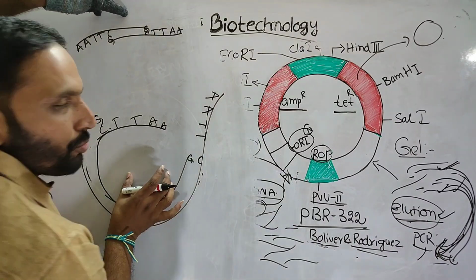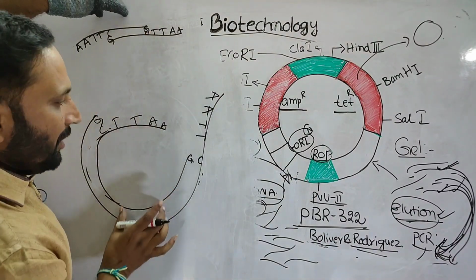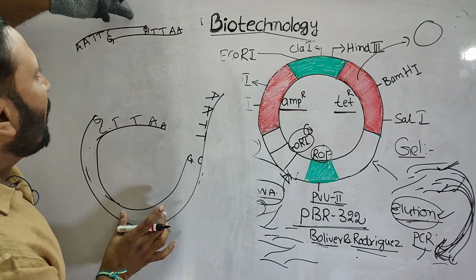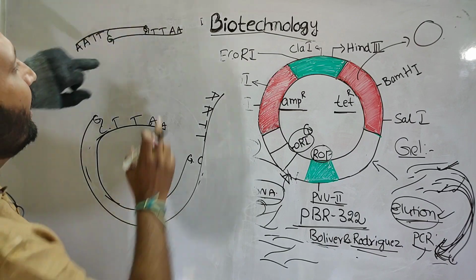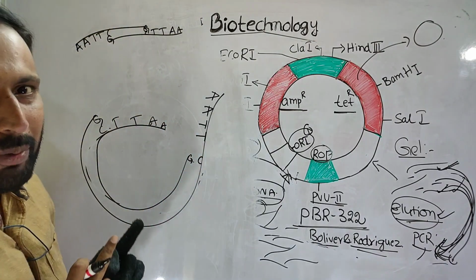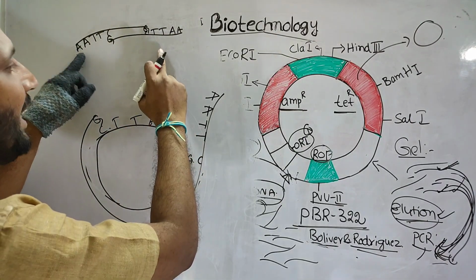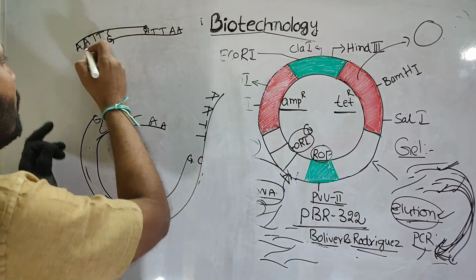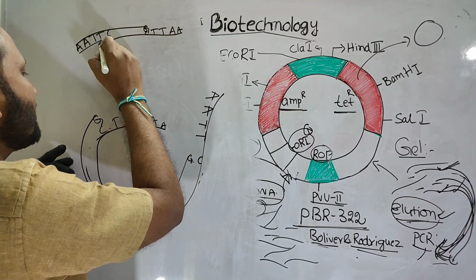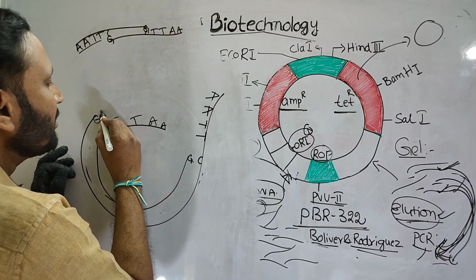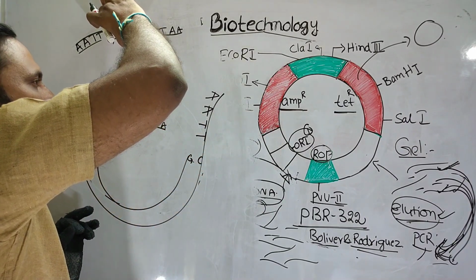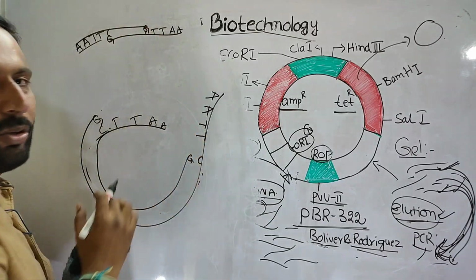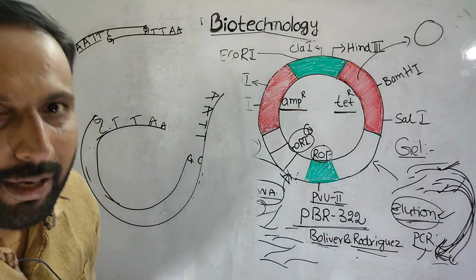Now, insertion of the gene into the suitable vector. This gene can easily be inserted into the vector because it contains the palindromic sequence. The nucleotide sequence of this strand is complementary, so the foreign gene or foreign DNA can easily be inserted into the vector due to the presence of the palindromic sequence.